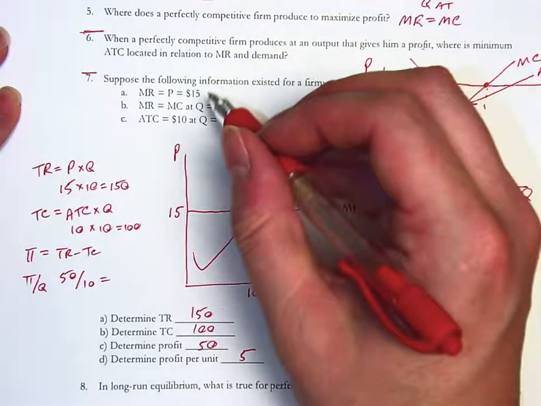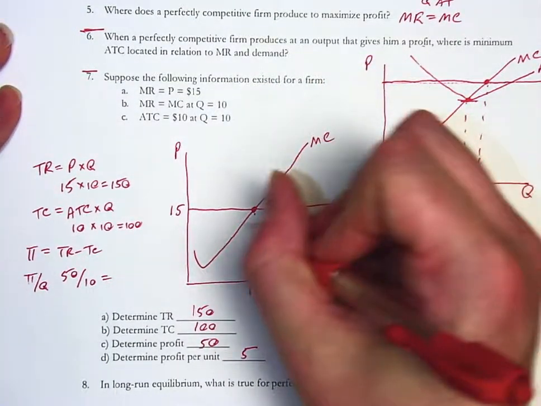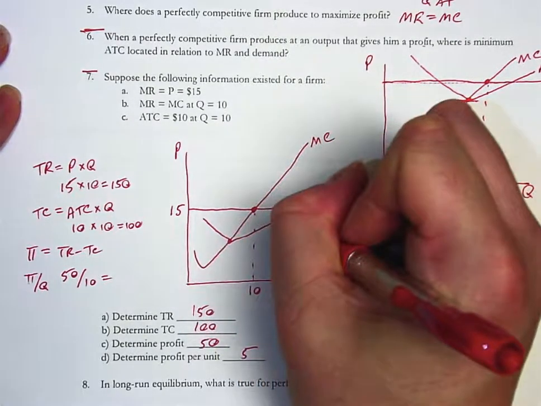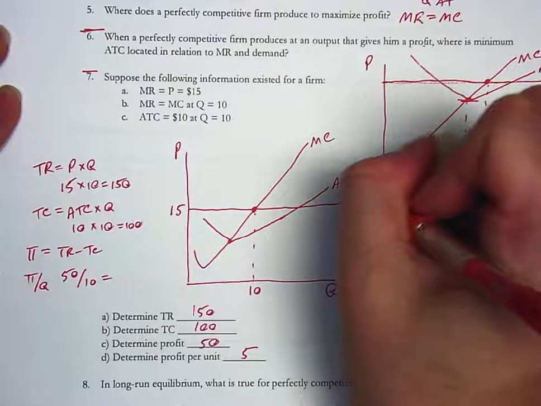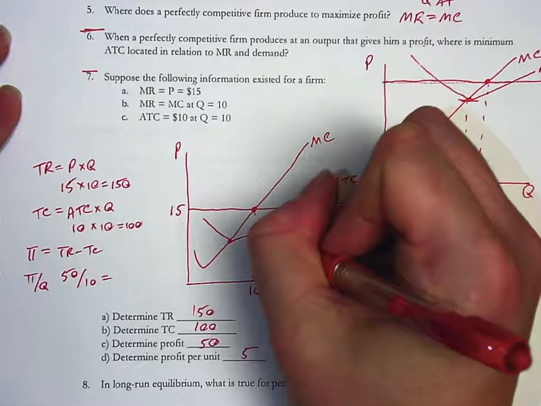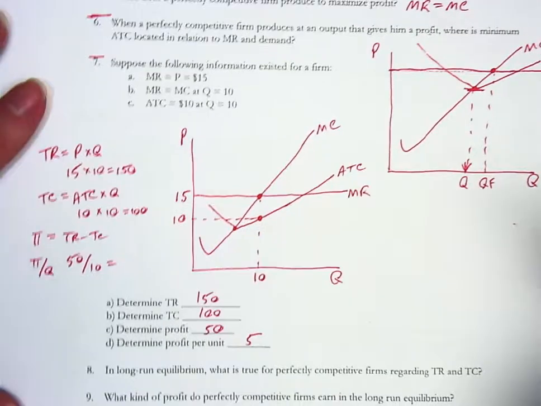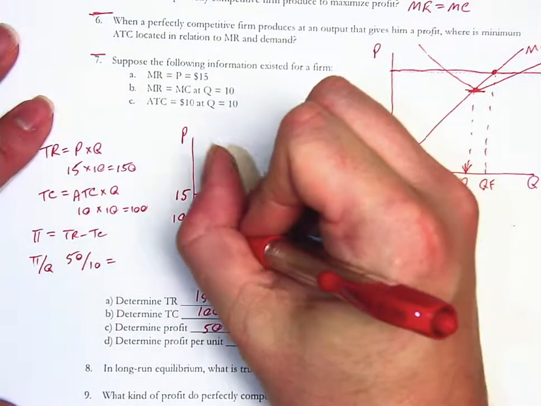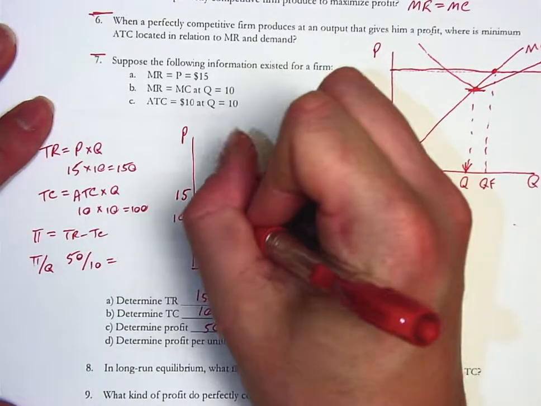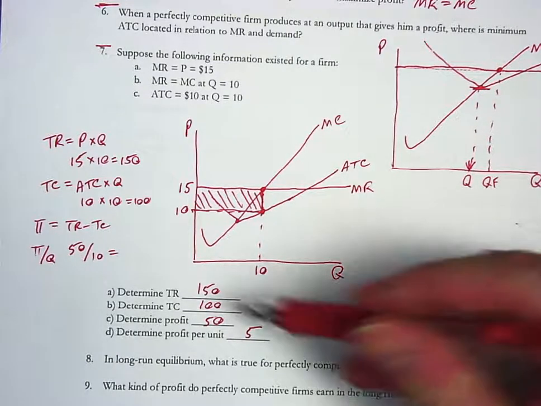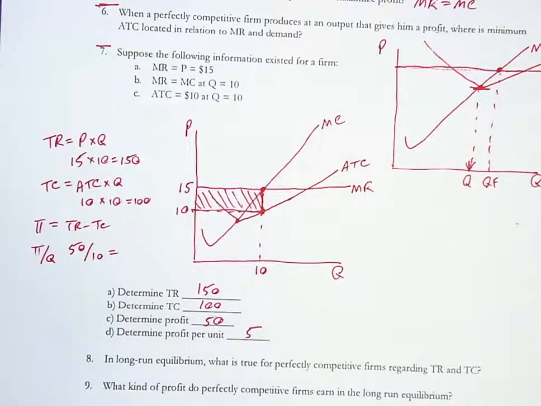And then the ATC equals 10 at quantity 10, so that means the ATC is going to be down here, coming back up. So at that point, ATC is $10. Okay, and then we can see from there that you have a nice little profit rectangle, just like that. And that profit rectangle is equal to $50.